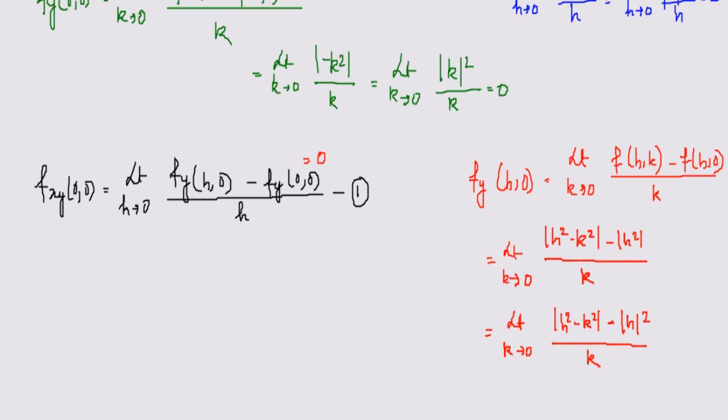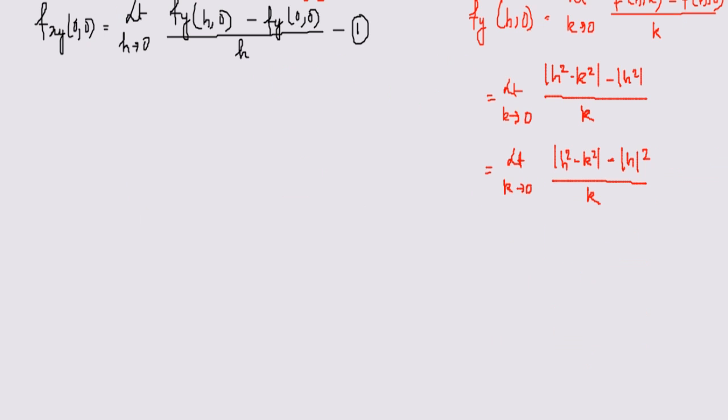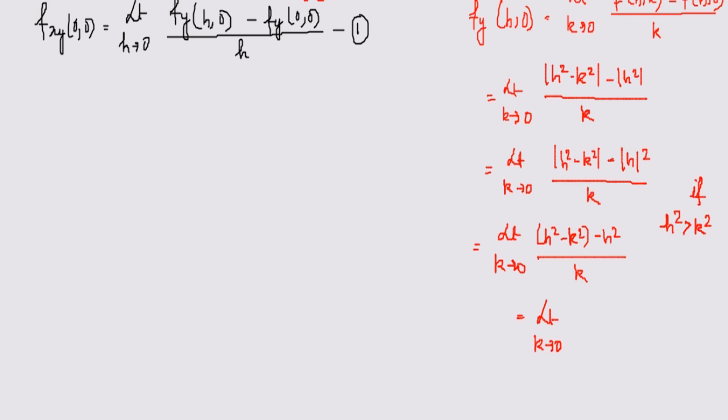If h² is greater than k², then we can write h² - k² and simply it is (h² - k² - h²)/k. So from here the limit as k tends to 0 of -k²/k is nothing but 0.